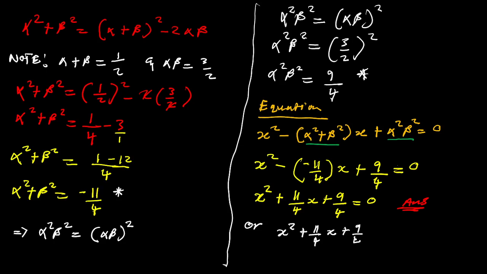So when you multiply throughout by 4, this will be 4x squared plus 11x plus 9 is equal to 0. So for those who will have enough time, you can go there. Both are answers, just that this one doesn't have fractions, but leaving your answer there is also okay. So this is the answer to the question.